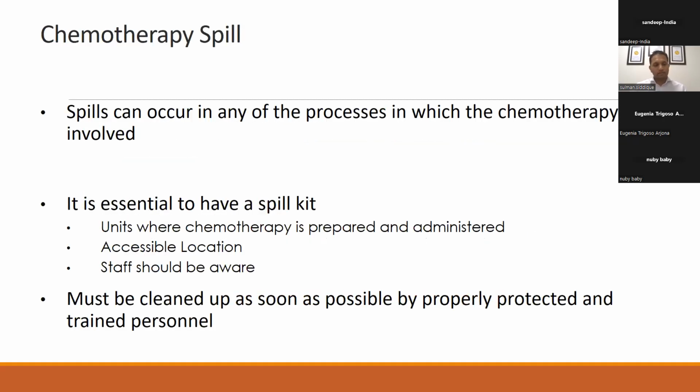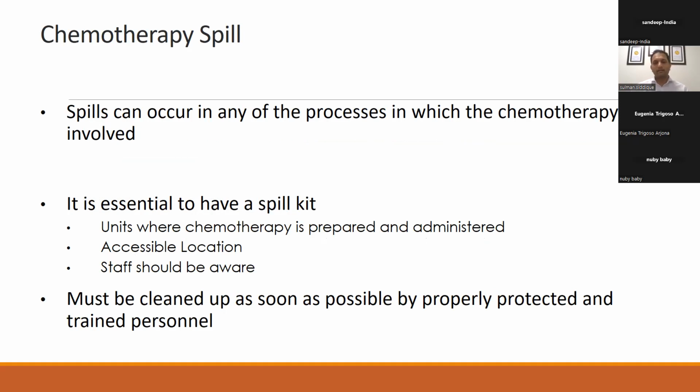Chemotherapy spill. Like exposure accidents, chemotherapy can be spilled accidentally anywhere, and a spill can occur in any of the processes in which chemotherapy is involved: preparation, administration, and waste disposal as well. So it is essential to have a spill kit.